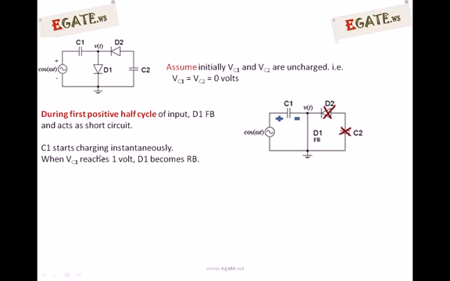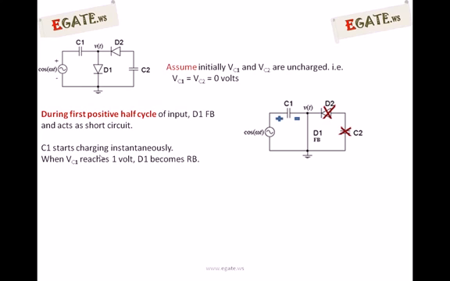A capacitor always charges with a time constant. The time constant is the product of R and C values. If the time constant is smaller, it charges rapidly; if it is longer, it charges slowly. Now we will see what the time constant is for this circuit when the diode is forward bias.